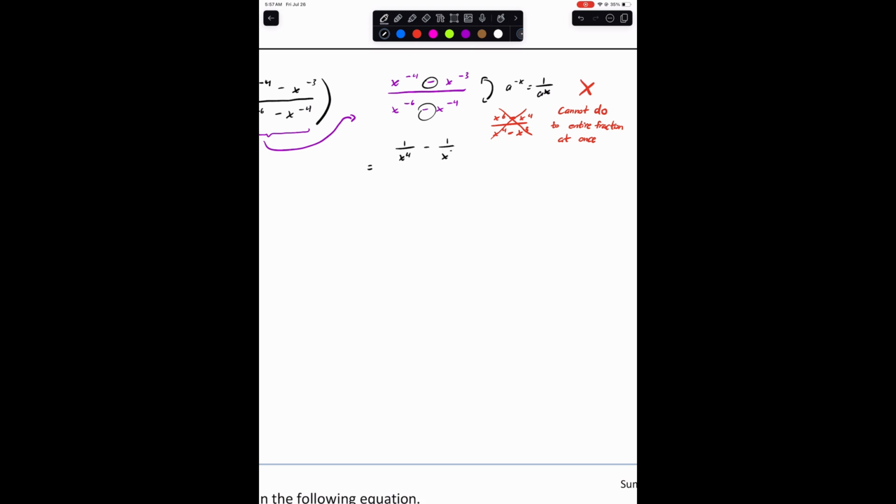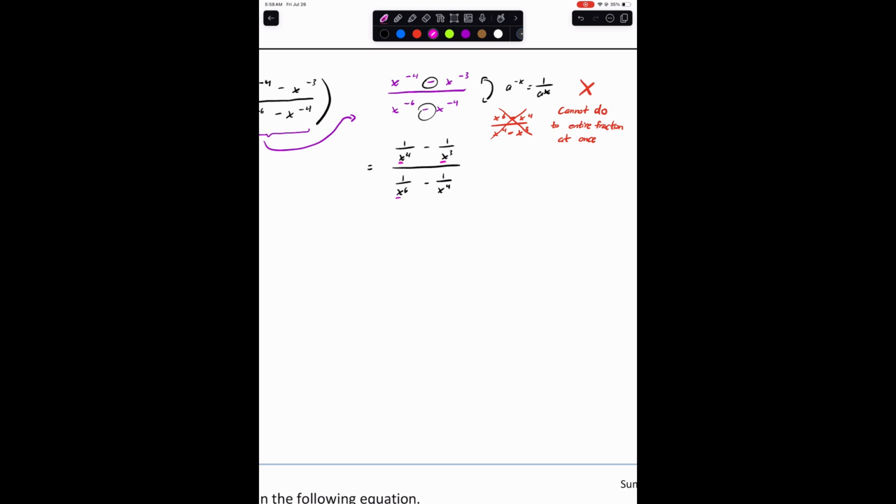So I have 1 over x to the 4 minus 1 over x cubed, over 1 over x to the 6 minus 1 over x to the 4. Now we have this, I need to create a common denominator. The easiest way is to make the denominator equal to the largest possible power, because I have the same base.